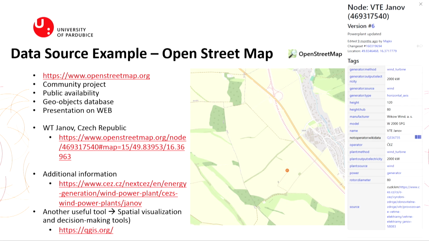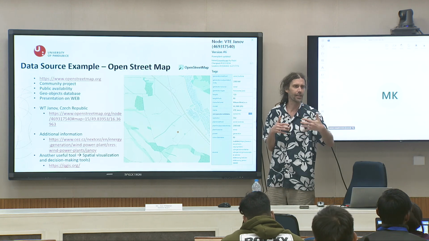And what is really nice on OpenStreetMap is that you can filter which objects you are interested in and which not.